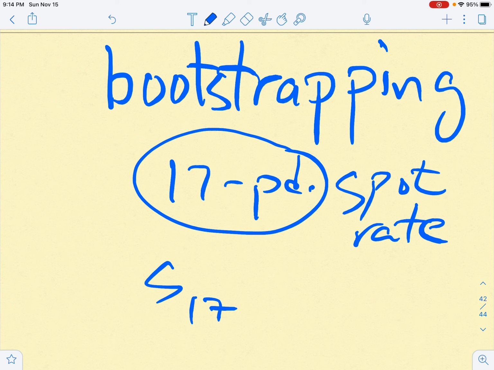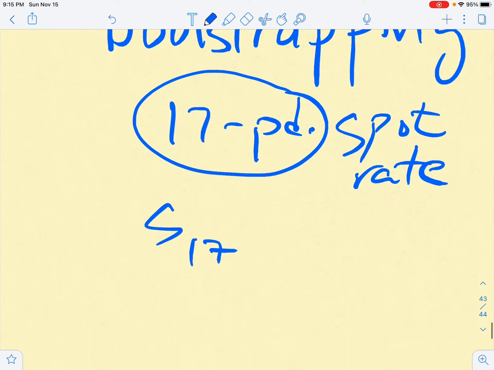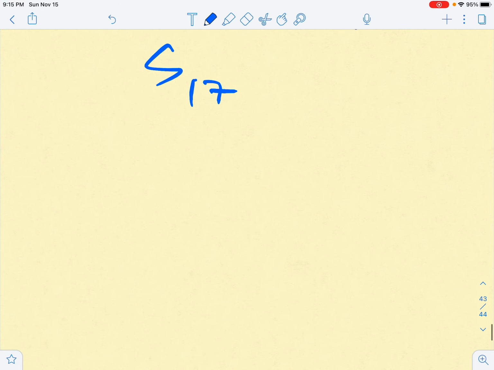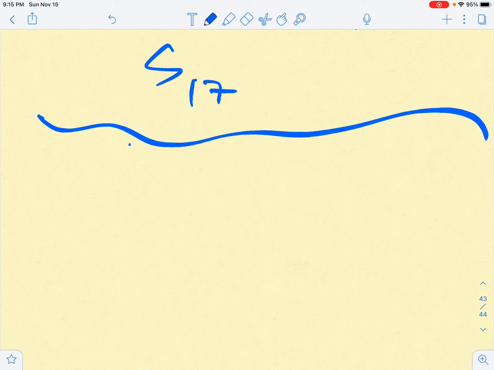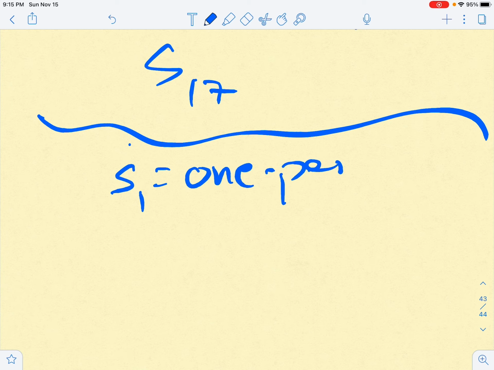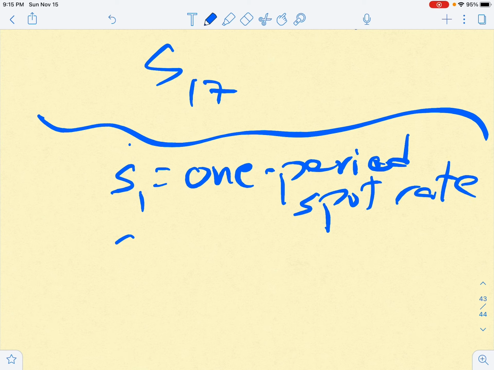Now, we're not going to go out to 17. We'll start with something shorter because you'll see it's a lot of algebra, but you'll get the point. So let's say we have a zero coupon yield curve where S1 equals the 1-period spot rate, and there exists also S2, the 2-period spot rate.